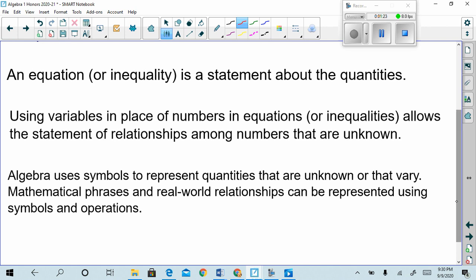Sometimes students will say, well, when will I ever use algebra? Well, in your everyday life, we're looking at unknowns that we're trying to work with and calculate, and that's where we put in our variables and our operations to help us solve everyday problems.